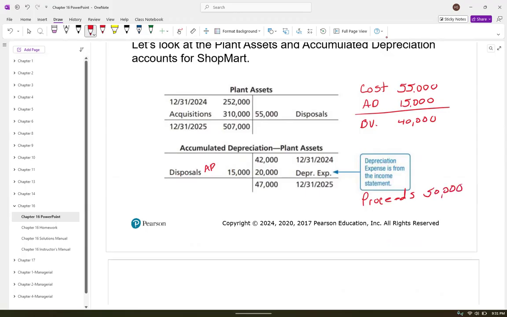If we subtract the book value of 40,000, we end up with a gain of 10,000. So we got $50,000 from the sale of this plant asset.